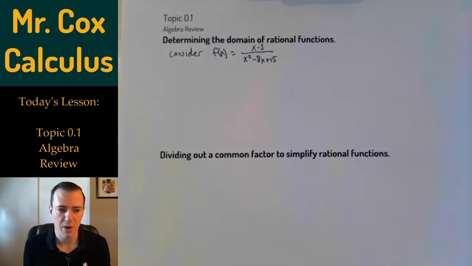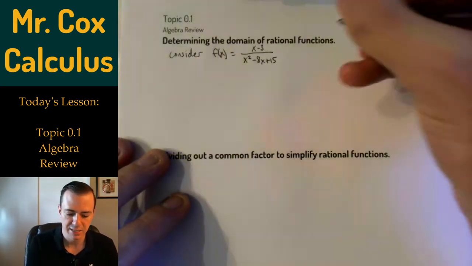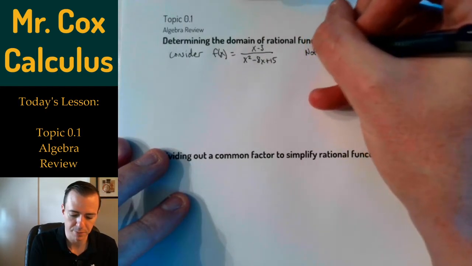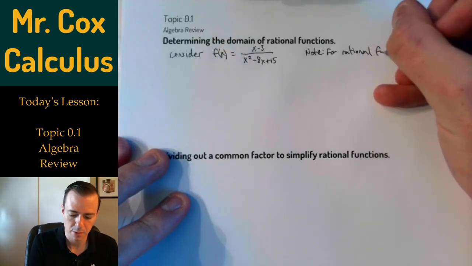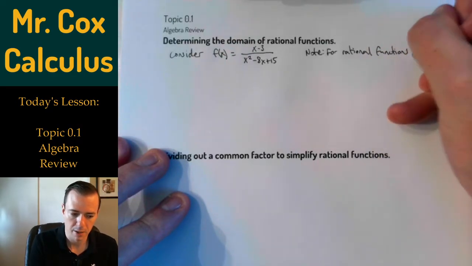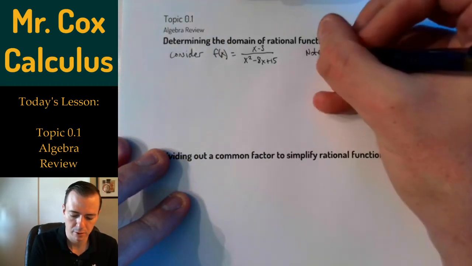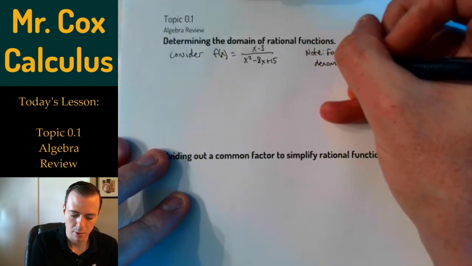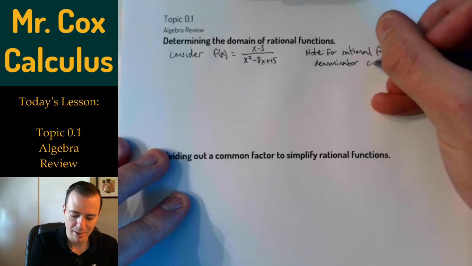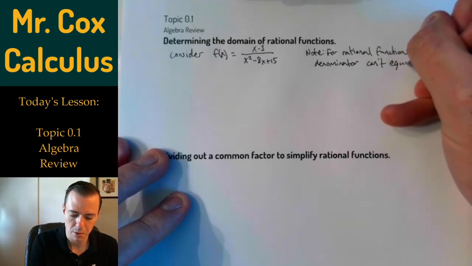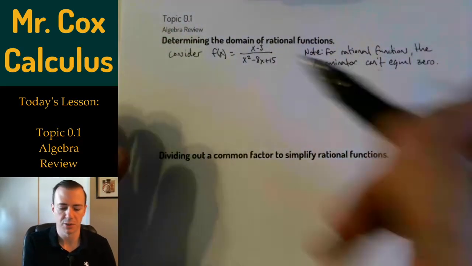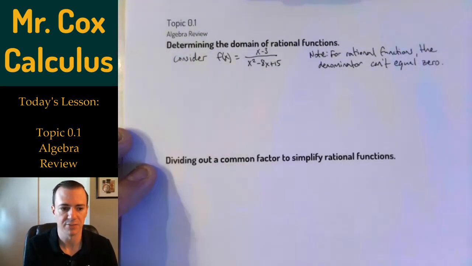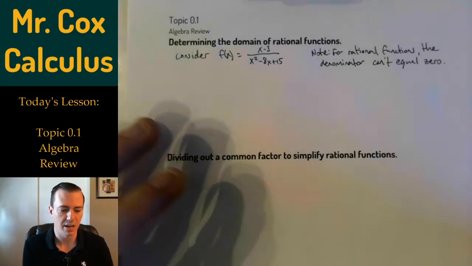Now then, when we did rational functions in algebra, one of the big things that you knew from its domain is that for rational functions, the denominator can't equal 0 because we can't divide by 0. So this x squared minus 8x plus 15, that itself cannot equal 0.